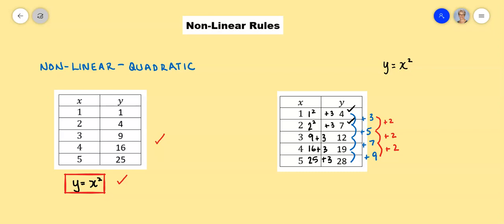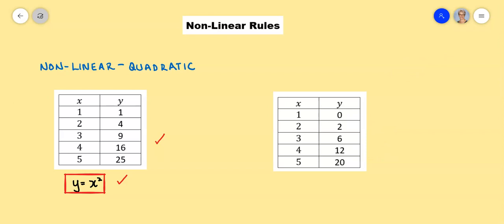So we're not just squaring x here, we're also adding 3, and our entire quadratic rule will be y equals x squared plus 3. This is a slightly more complex rule to the one that we saw earlier, but nevertheless it is still a quadratic rule because it includes that very important value in our rule, x squared.